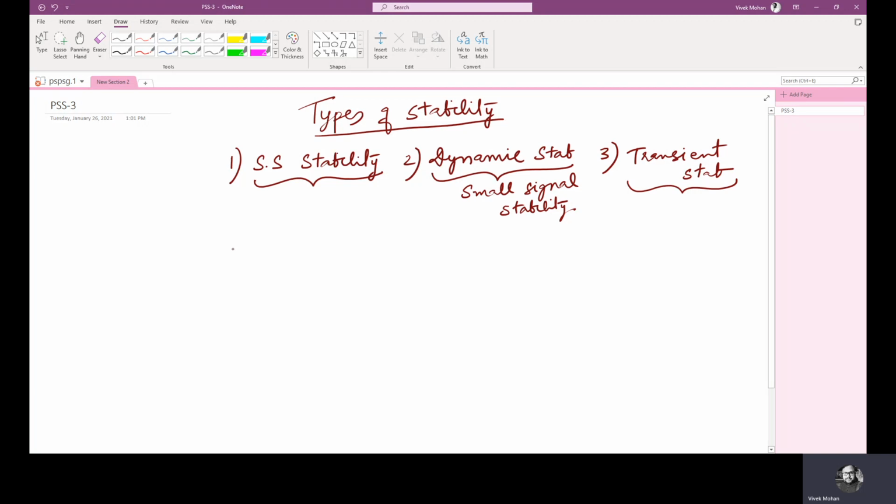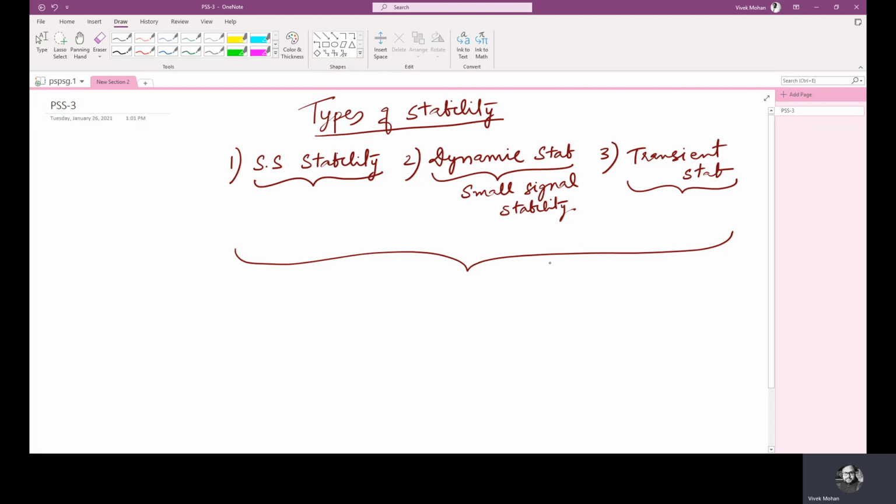Now to study the stability analysis, we need to know the concept of inertia constant, angular momentum, and what is the swing equation. They play an important role in determining the transient stability of the synchronous machine.